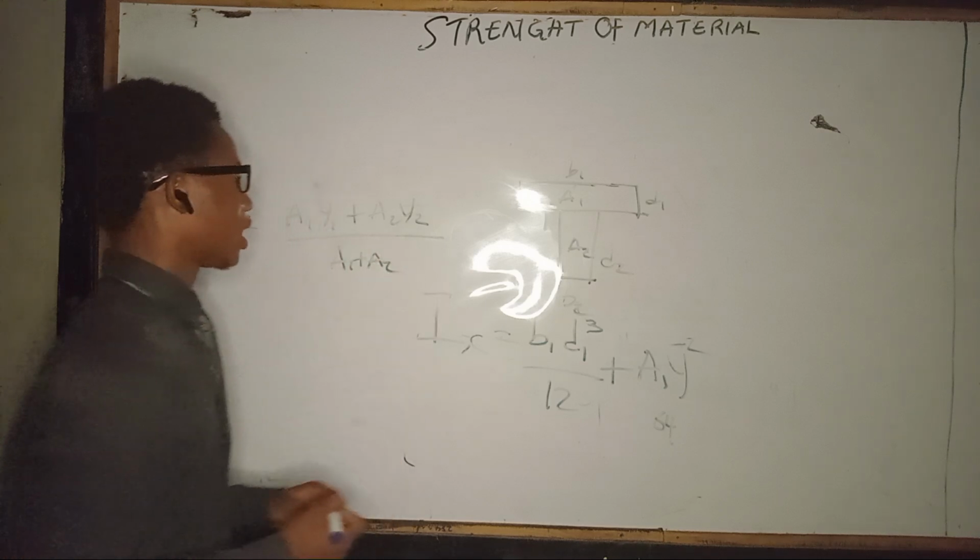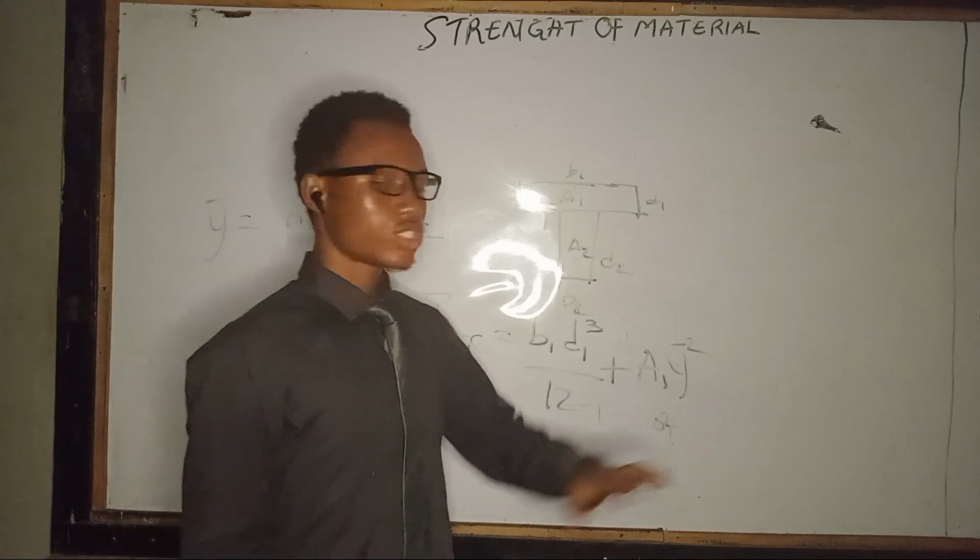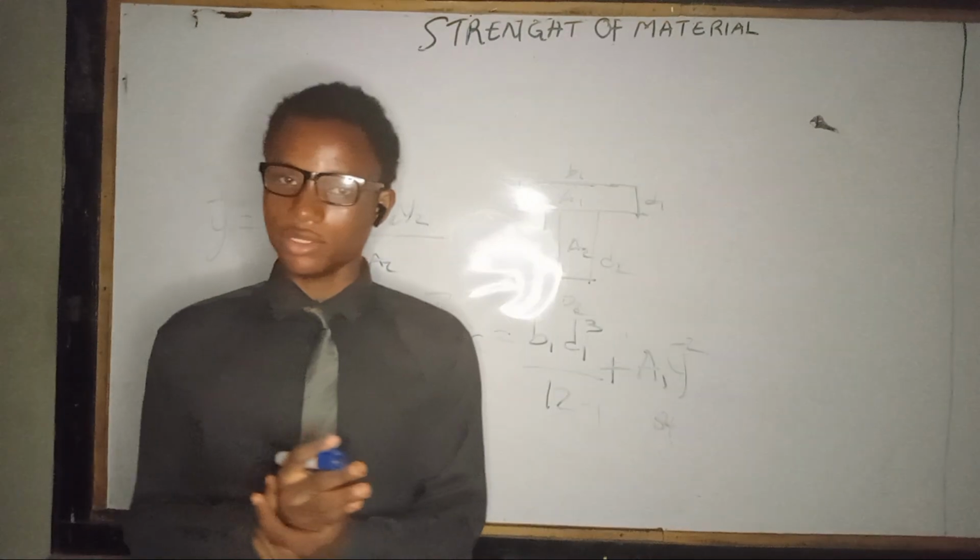So that is the formula for y bar, which is the centroidal distance.